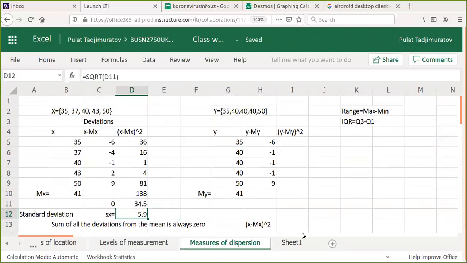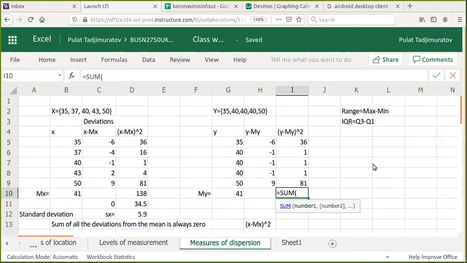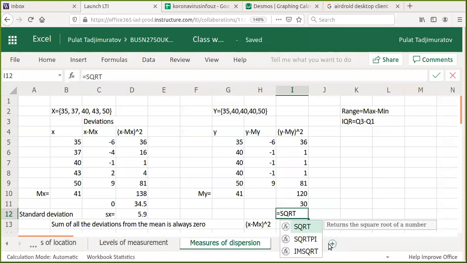Okay, so let's move to this data set and do the same there, because I want you to compare one thing. So h5 squared and then I'll take the sum of all those, and I'll divide by 4 again, and I'll take square root.